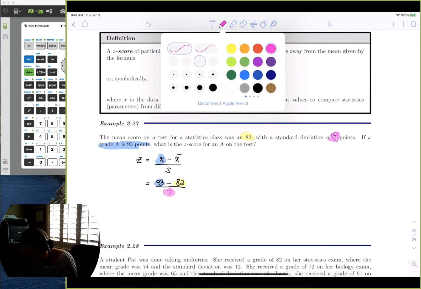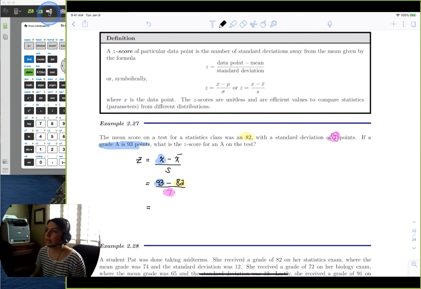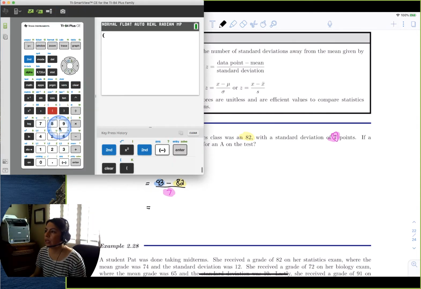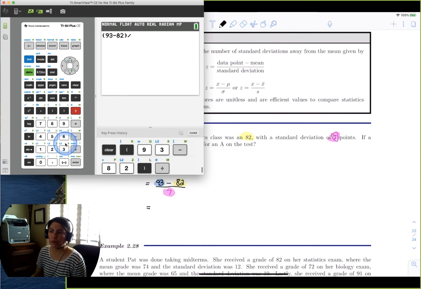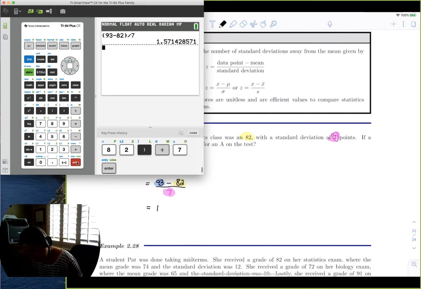So if I put this in my calculator, right, I could go to my calculator and put 93 minus 82, close it. Remember, I always use parentheses around my numerator and denominator, and divide by 7. And I get 1.5714, blah, blah, blah. But I'm going to go ahead and round to 2 decimal places here. So I have 1.57.